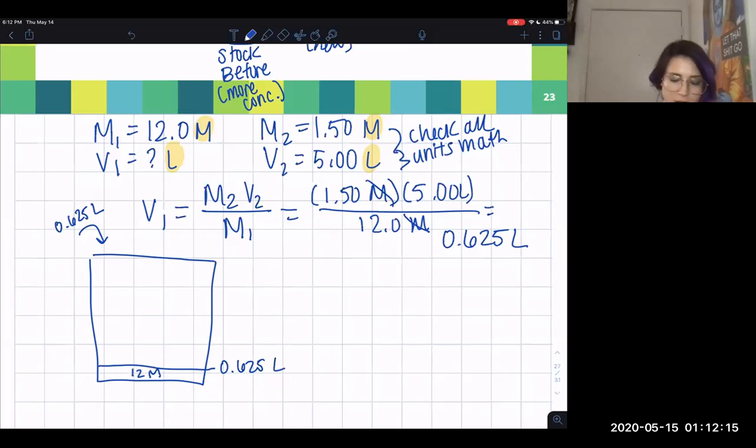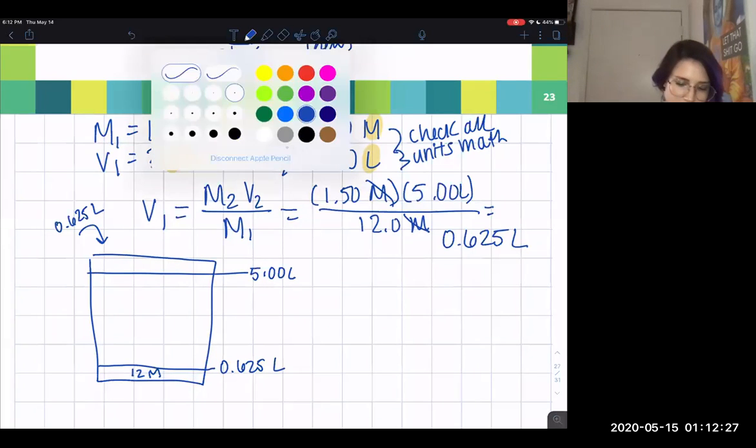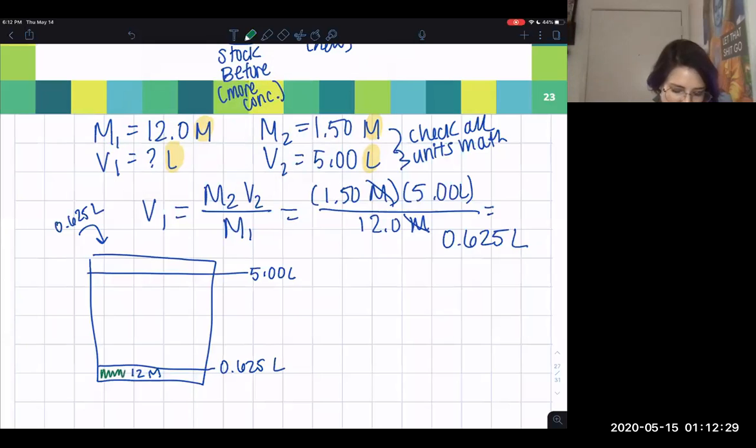If I want the end to be 5 liters, and I want it overall to be 1.5 molar, how much water will I add? So if this is my original 12 molar, put in this amount to my empty container, how much water am I going to add?